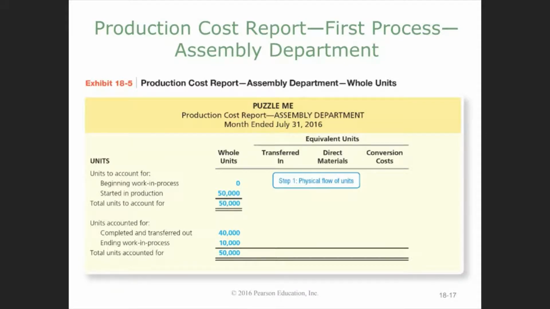After we find that information, which we see here is 50,000, we're then going to look at what has been completed and transferred out and figure out what our ending work in process is, and that's going to give us our total units accounted for, 50,000.